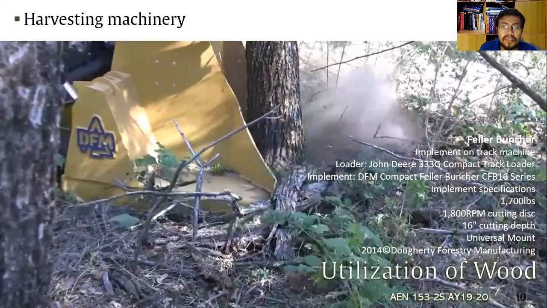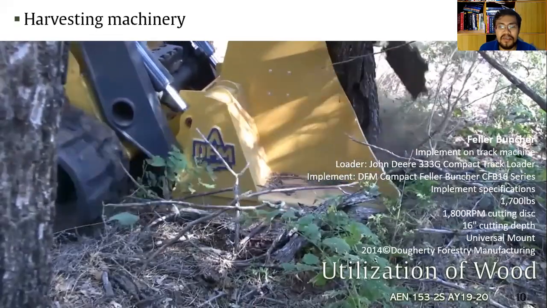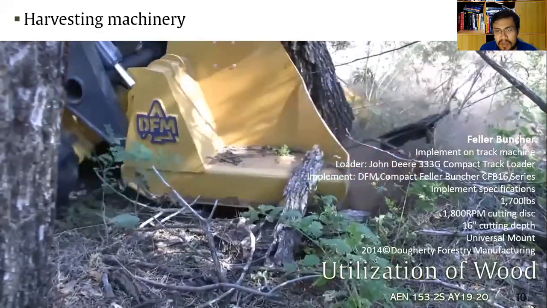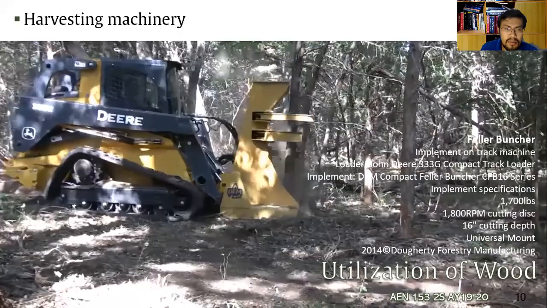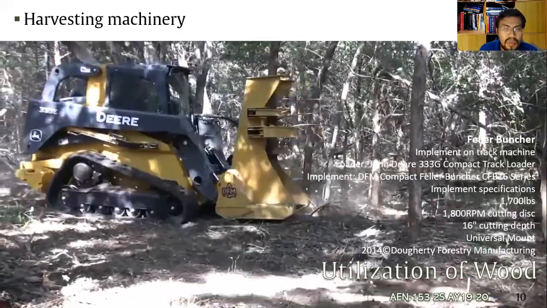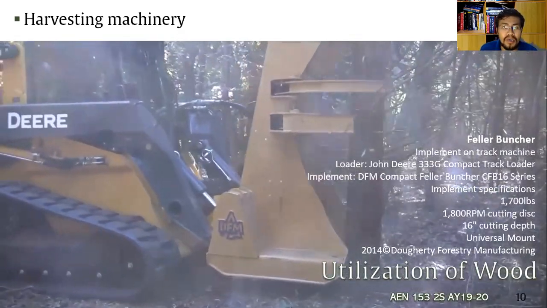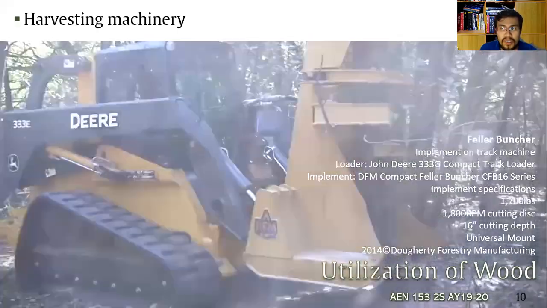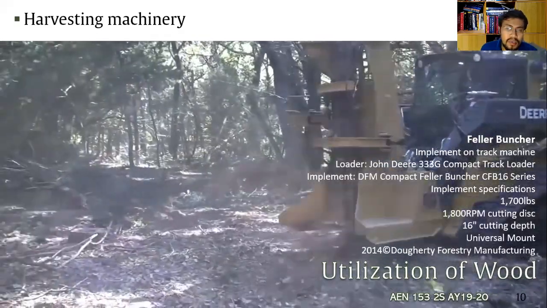But it simplifies very much the cutting operation that we were talking about a while ago. See how it just cuts through using the disc. There are also other types, for example shearing type cutting modes, but this one has a cutting disc attached to it.